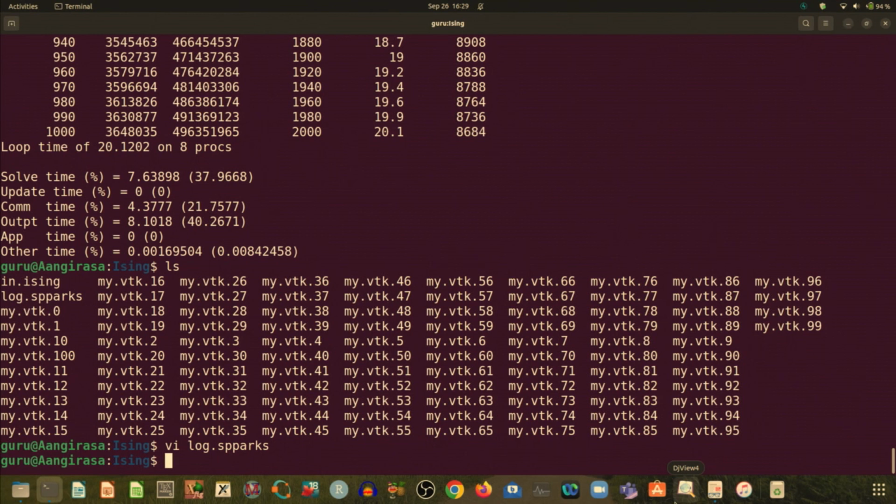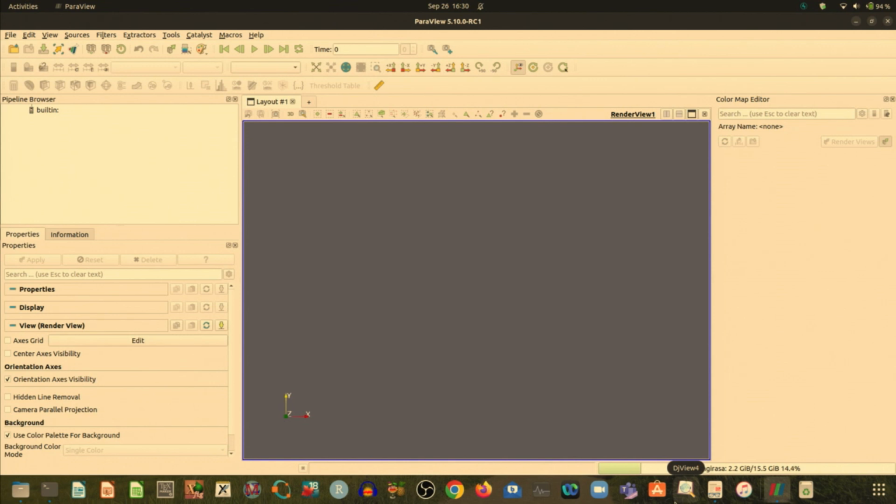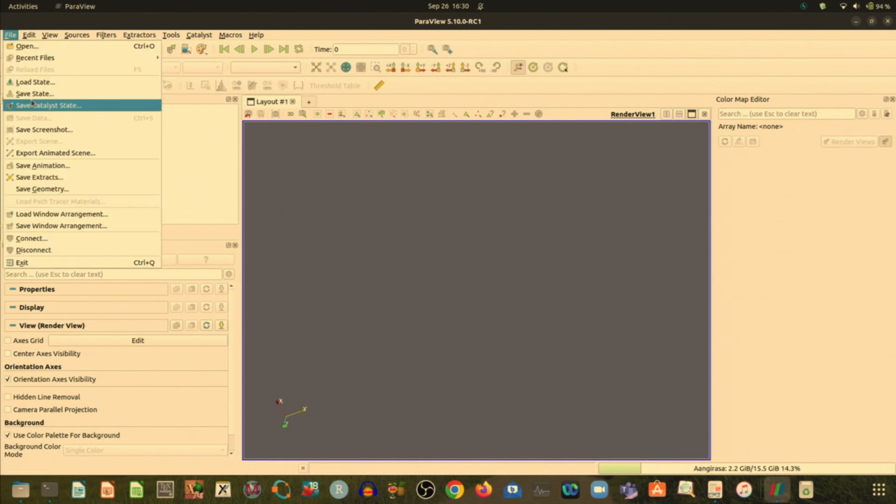Okay. Now, I want to visualize this. So, the first visualization I will show for this and the Kawasaki is ParaView. So, in ParaView, now I want to open this file.